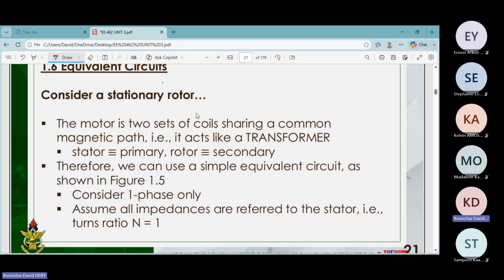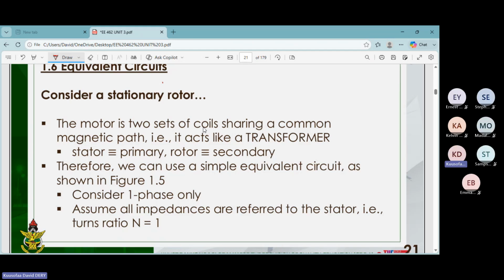The three-phase induction motor has similar behavior to a transformer. The primary side is the stator, and the secondary side is the rotor. When you look at the operation, when you excite the stator, a rotating magnetic field is created, which links the rotor and induces a voltage in the rotor.